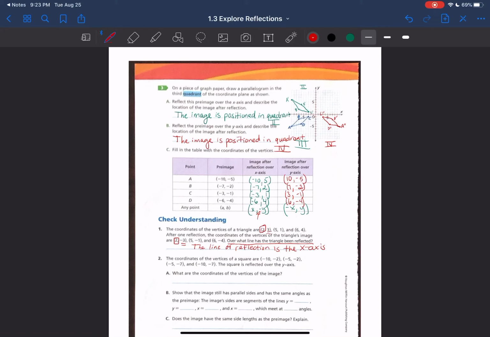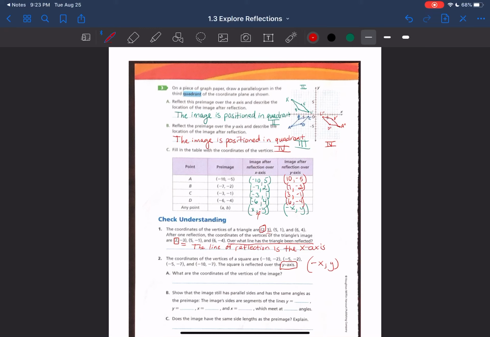All right. The coordinates of the vertices of a square are listed here. So we have the 4 vertices because there are 4 sides to a square. The square is reflected over the y-axis. So if it's reflected over the y-axis, we need to write the new coordinates of the image after this reflection. So we know that all of the x values need to change and the y values need to stay the same.